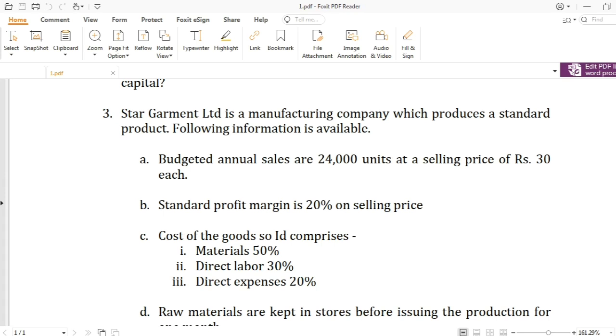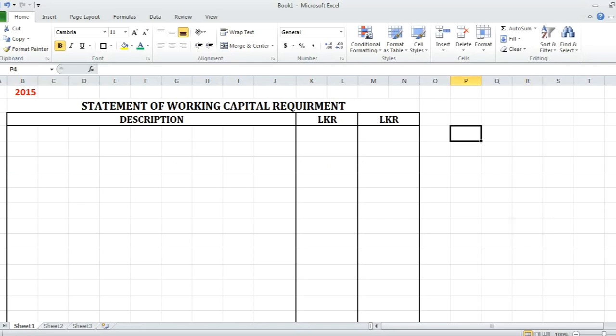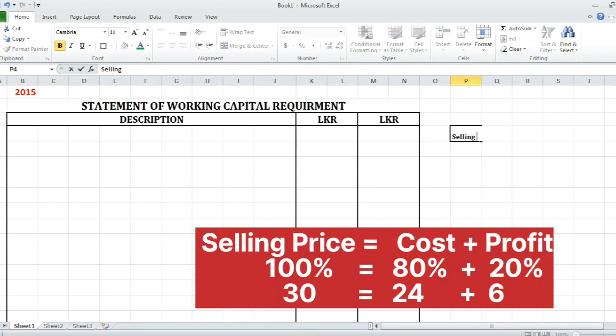Okay, first we have to find the cost of sales. Now we have to find the cost of sales per unit as per the given information. Accordingly, the selling price per unit is 30 rupees as per the question. Gross profit margin is 20% on selling price.